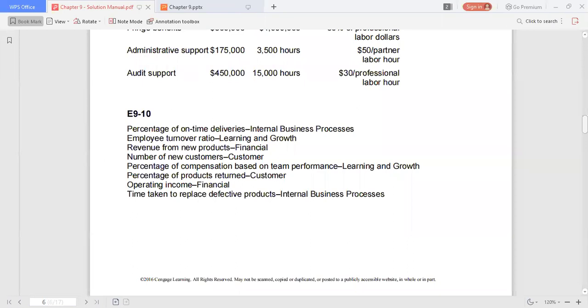Percentage of compensation based on team performance is learning and growth. Percentage of products returned, actually returned by customers, so still under customer. Operating income is financial, and time taken to replace defective products is under internal business process. Now remember these four categories.